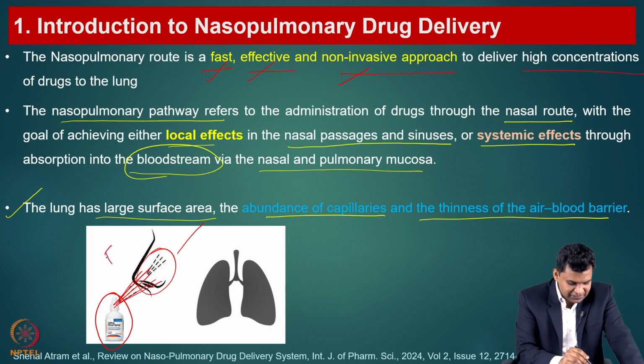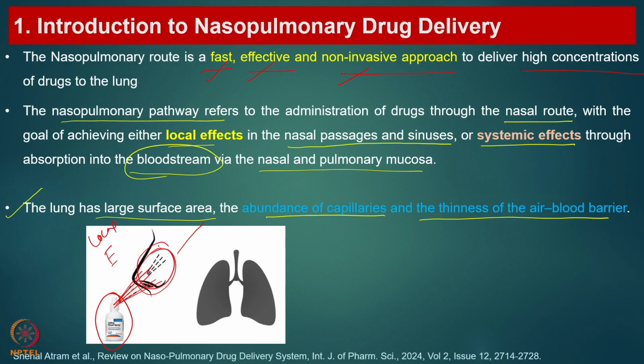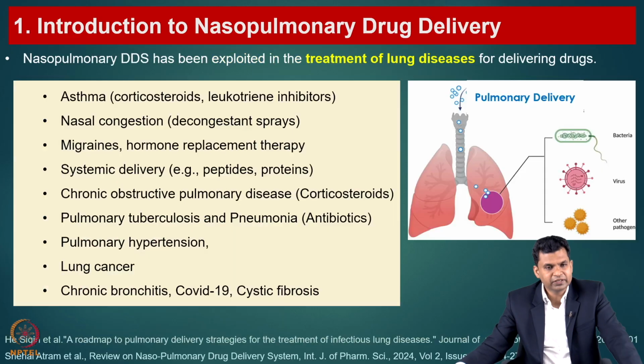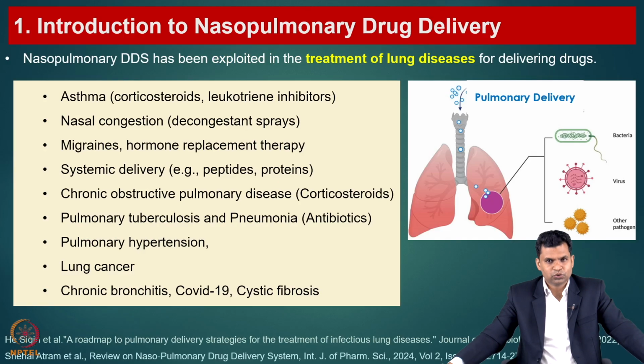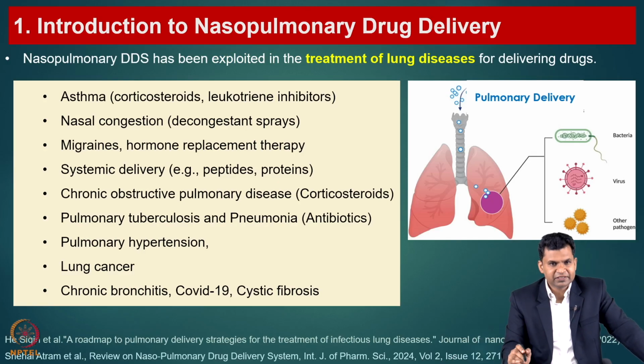The first one is the local effect at the nasal site, and the other is that it will reach the lungs, and there it will show action through the nasopulmonary route. So, here we can see why we need to use the nasopulmonary route as a drug delivery strategy.